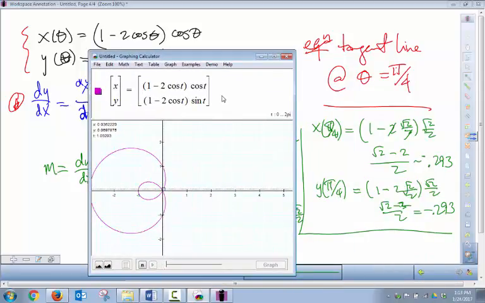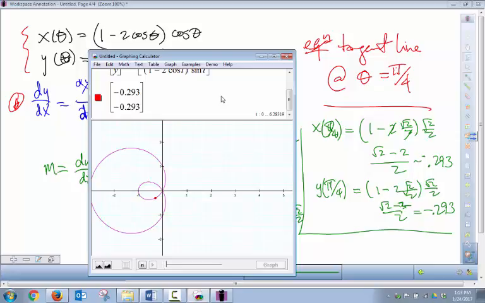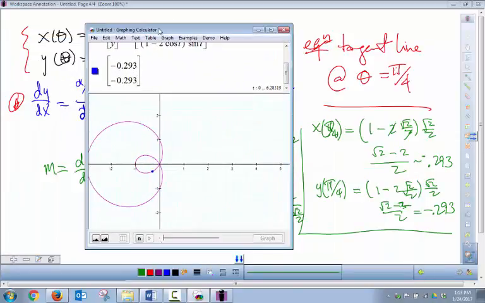So if we draw that point, you guys said it was negative 0.293. So we're at this point over here. That would have that positive slope, and the slope, we said, was 0.55.